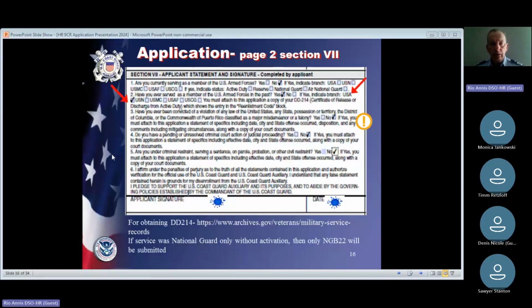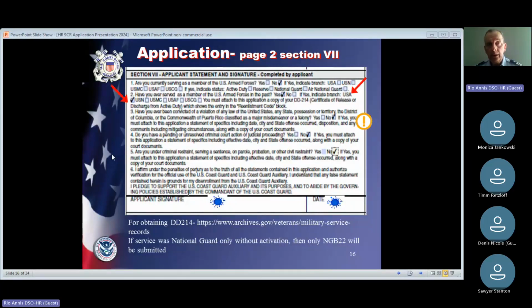The next 3 sections are regarding criminal history. It's critical that if they've had some sort of criminal history, they review and provide the documentation that is asked for here. No matter how minor they think it might be, it's always best to say yes and provide the documentation.